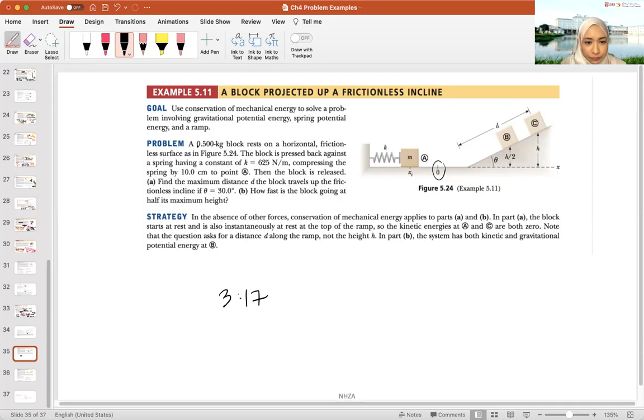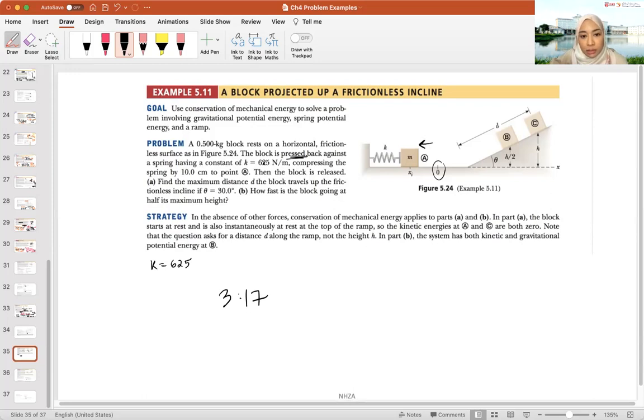So let's see. A 0.5 kilogram block rests on a horizontal frictionless surface in figure 5.24. The block is pressed back against a spring having a constant of K equals 625. So our K is 625.